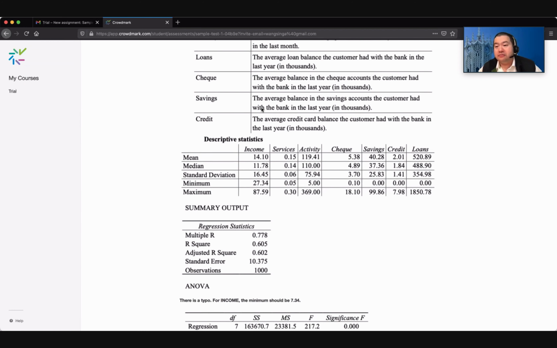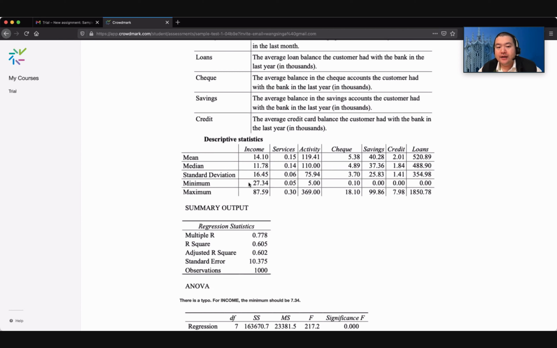That's the mean of income, right? And the median shows the 50% case, right? So you can say among these 1,000 customers, you will expect 50% of them, the income is below 11.78, and 50% is more than 11.78.